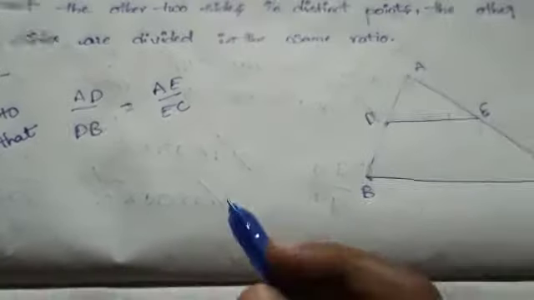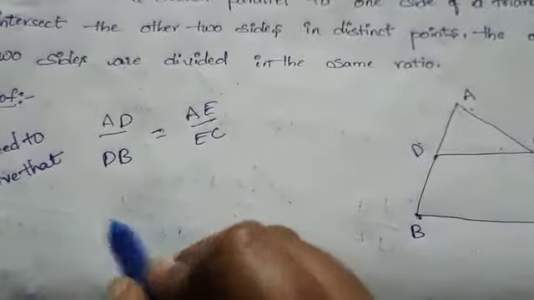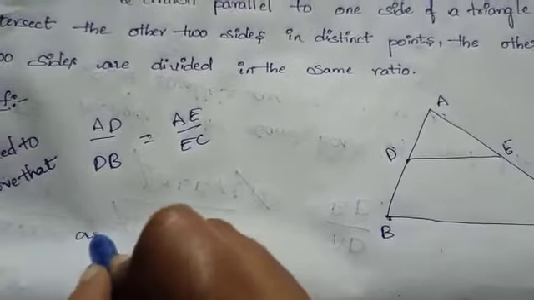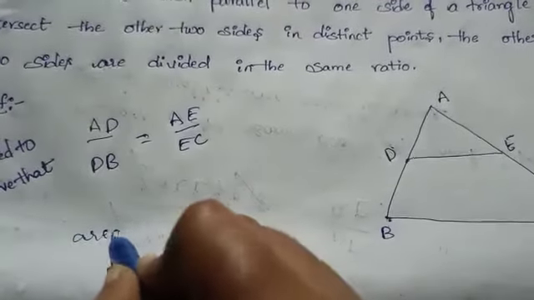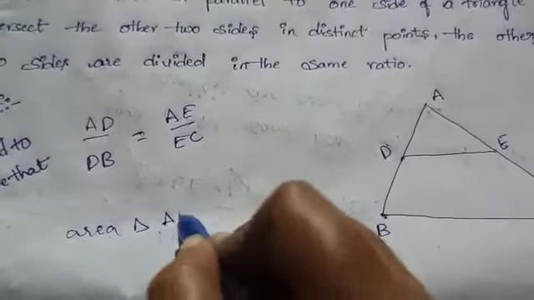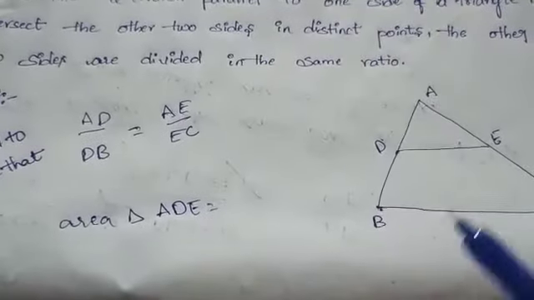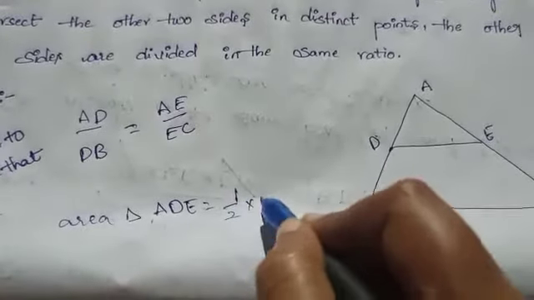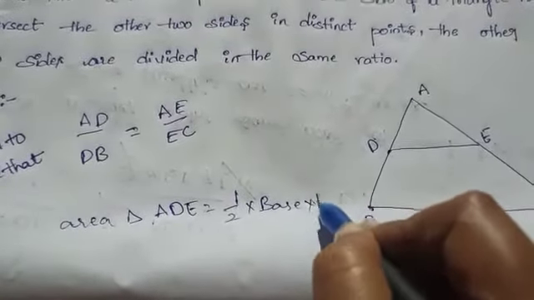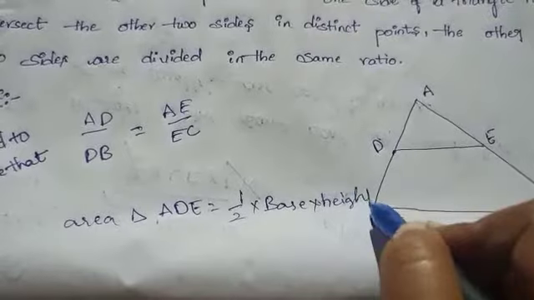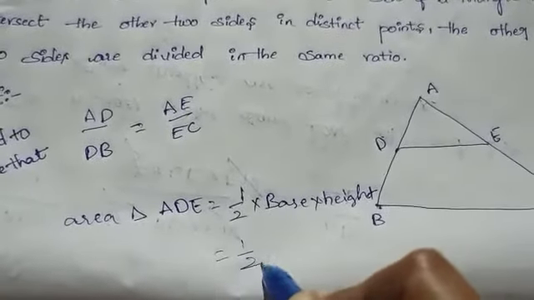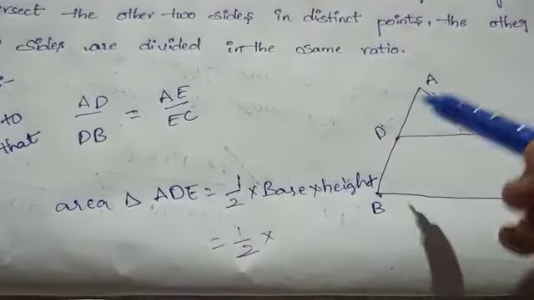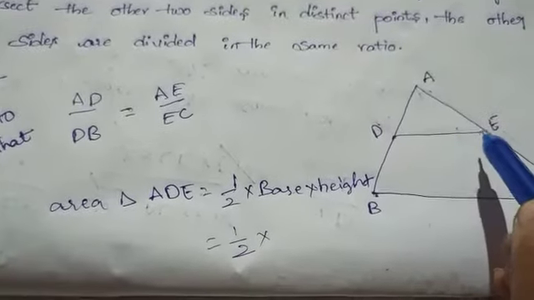Okay, what is the area of the triangle ADE? Area of triangle ADE equal to, we know area of the triangle, half into base into height. Here height is, draw a perpendicular line.